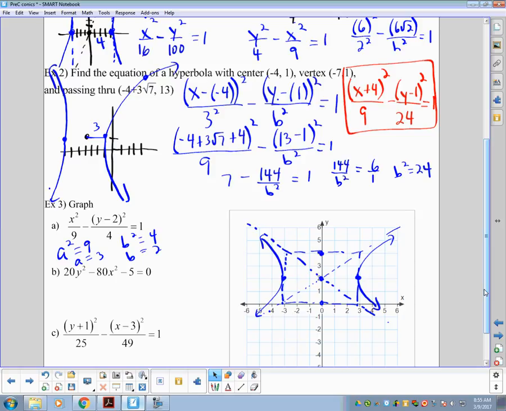Find the center, figure out your a and b, count that amount out from the center in each direction, draw your hyperbola box, draw the asymptotes, and draw the branches of your hyperbola. So that's the process.